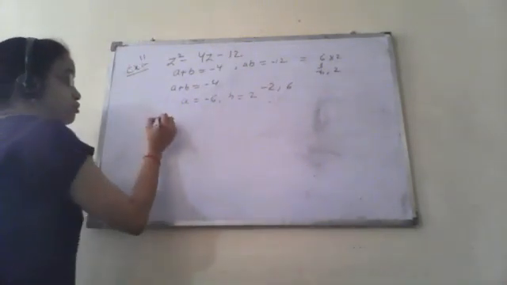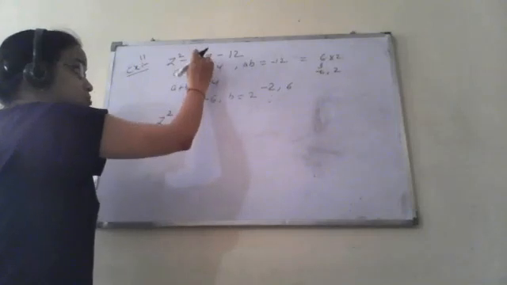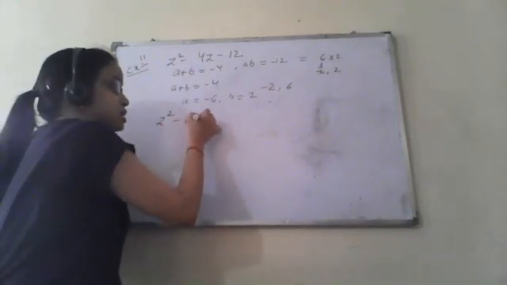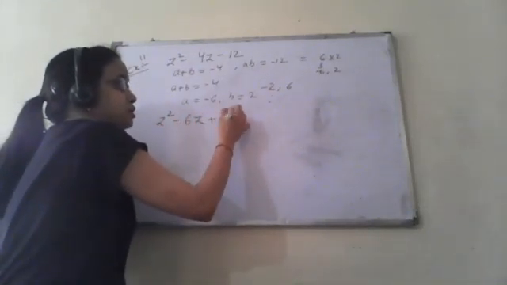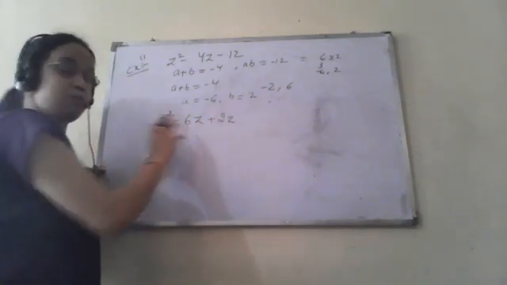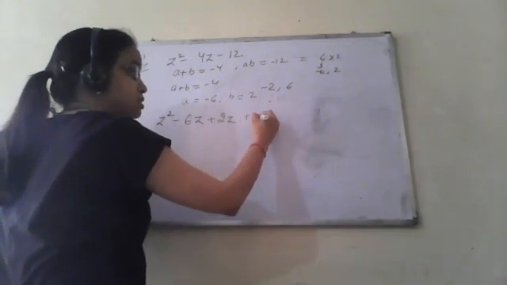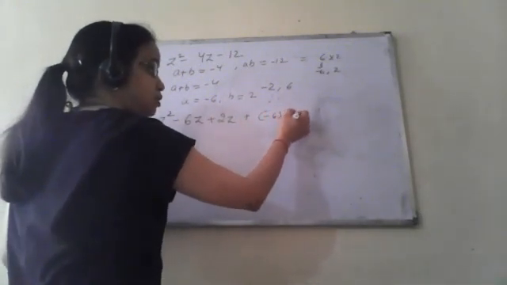So how are we going to factorize? This is z square, and we split the middle term as minus 6z plus 2z, which is minus 4z, and then plus minus 6 into 2.